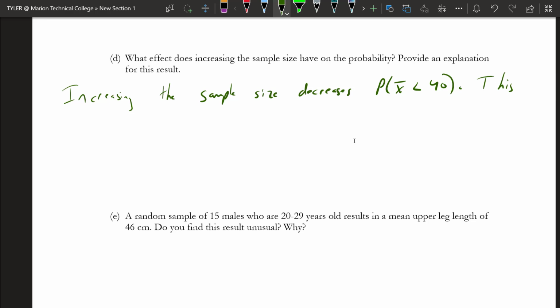This happens because sigma of x bar decreases as n increases.